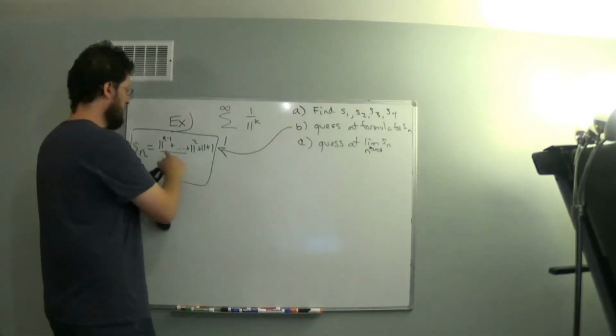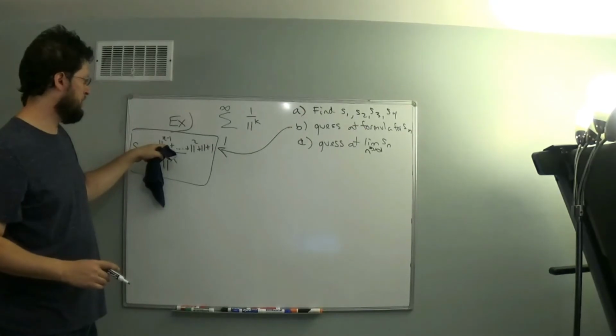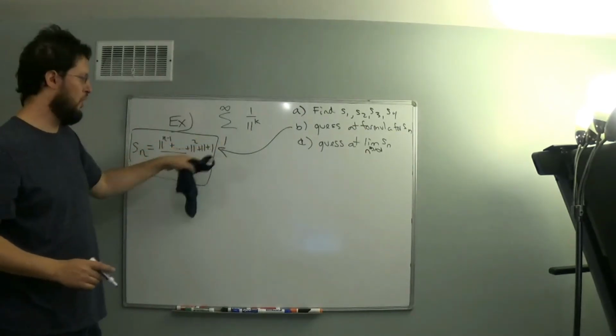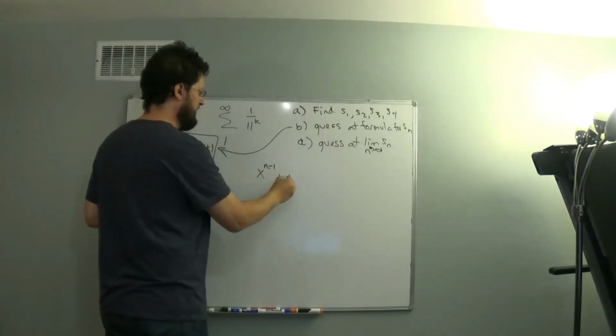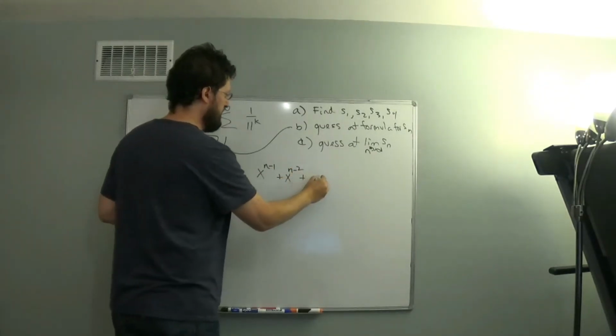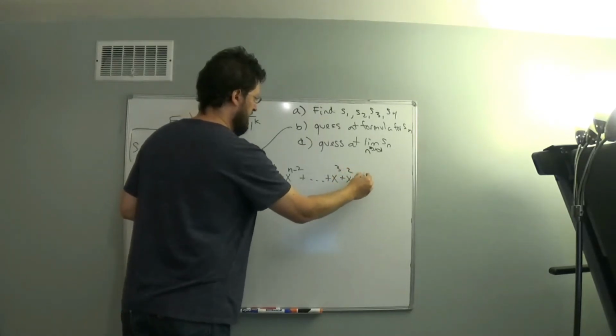In this algebra, we can think about this 11 to the n minus 1 all the way down to 1 as x to the n minus 1 plus x to the n minus 2 plus x cubed plus x squared plus x plus 1.